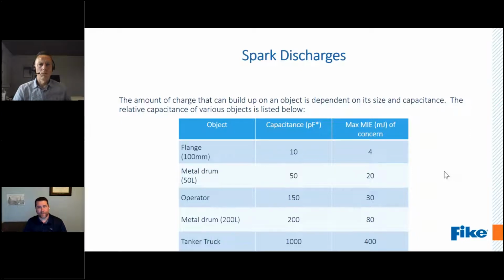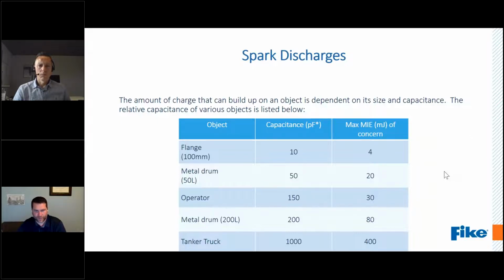There are some that will be below that, but by and large, combustible dusts are going to be higher than 4 millijoules. However, your flammable gases and vapors are generally going to be much lower than that. So for flammable gases and vapors, any of these could be a concern, but for your combustible dust, maybe not as much of a concern with a flange.